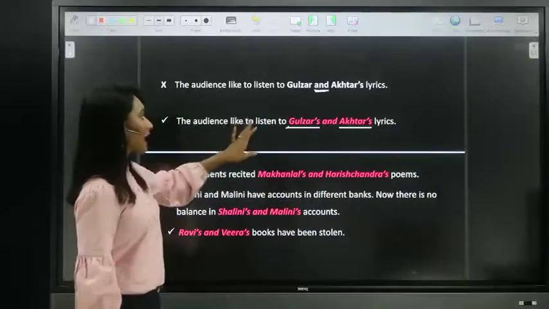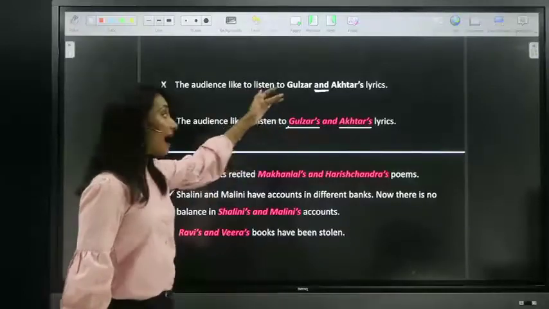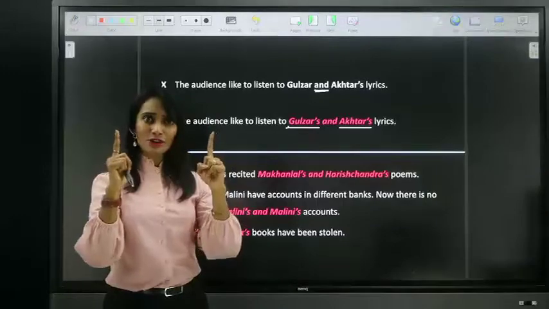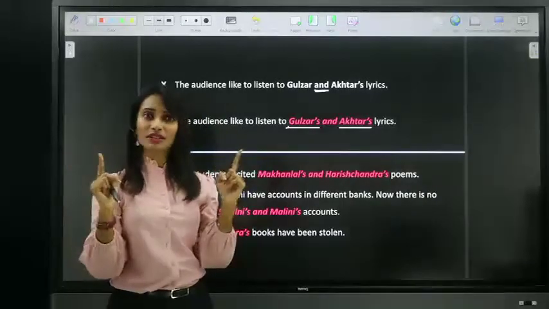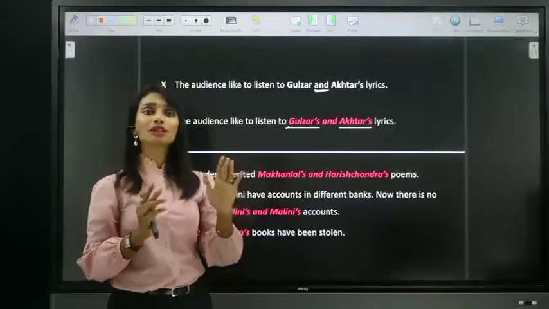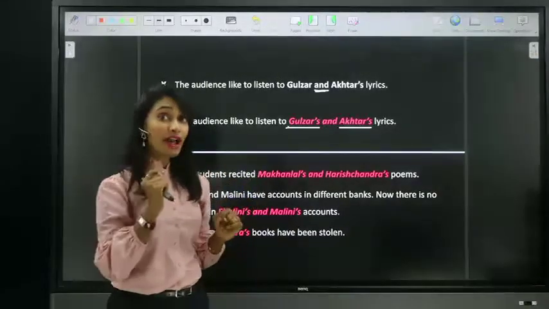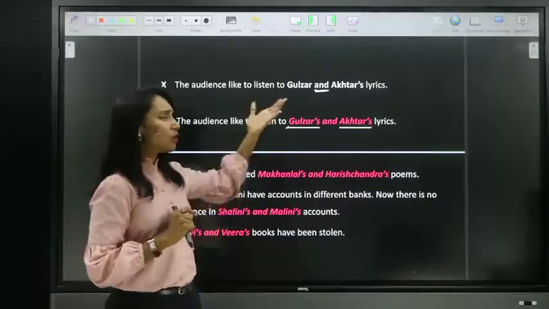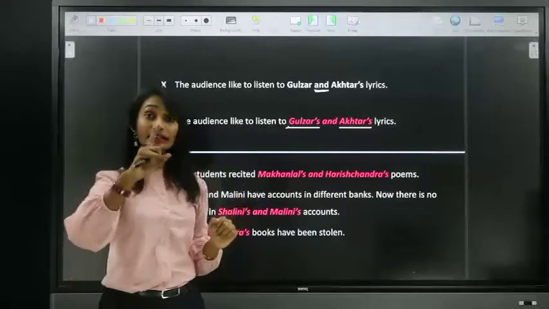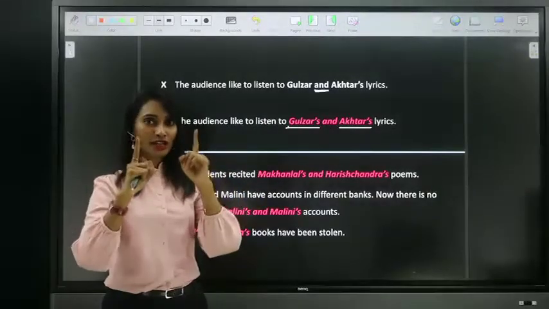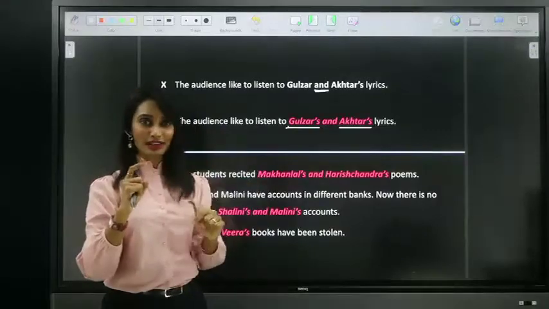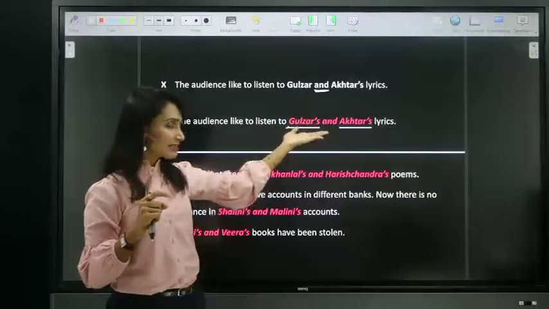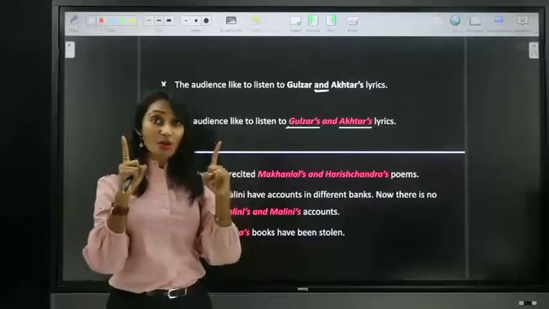The audience liked to listen to Gulzar's and Akhtar's lyrics because two lyricists write different songs. Hence, we have to give possession for both the nouns separately for the very fact they are not in apposition. And another thing, if both persons are there and the resultant is the same, then it should be only one possession to the later one. When both nouns are there and the resultant is different, like this case, then we have to give possession to both the nouns.